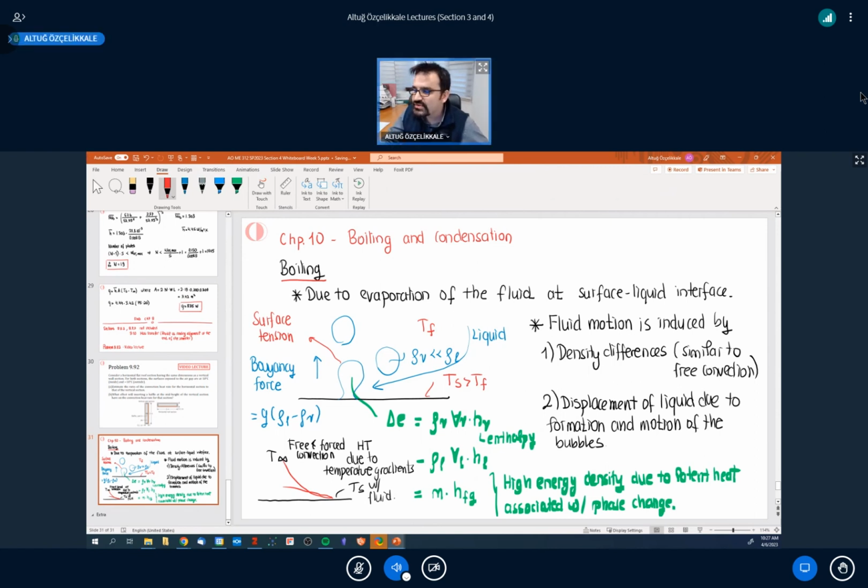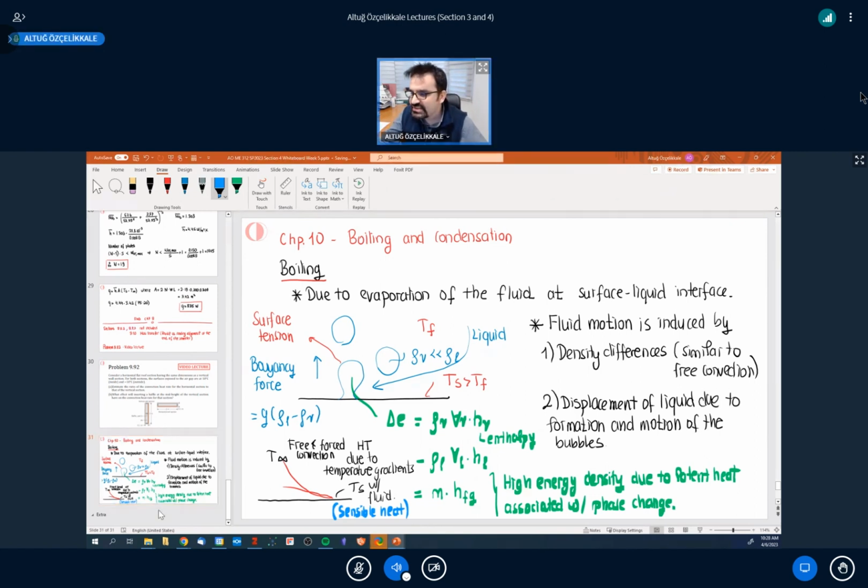So to sum up, boiling is a complex process. We are considering both the traditional free and forced convection because of this fluid motion, buoyancy force is there, the predominant liquid displacement due to motion of the bubbles is there, but the bulk of the energy is not carried by this sensible effect. That's sensible heat, right? So let me write this. This part is sensible heat due to temperature gradients, but the bulk of the energy is carried by the latent heat.